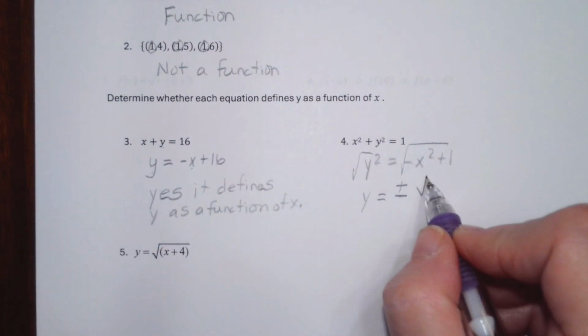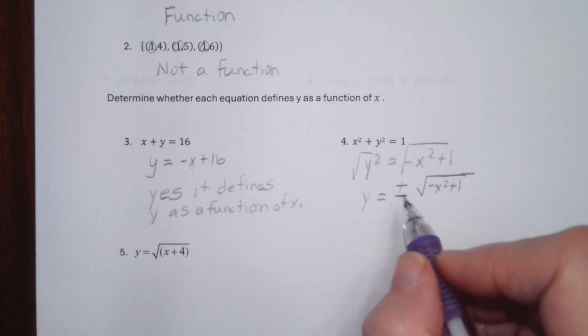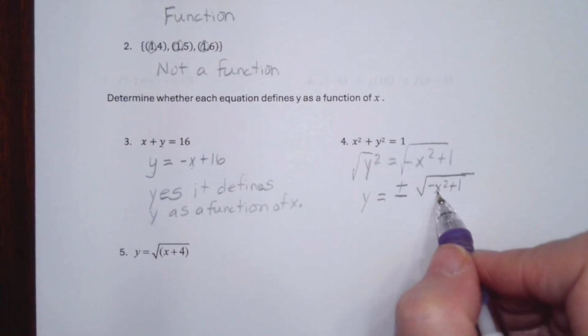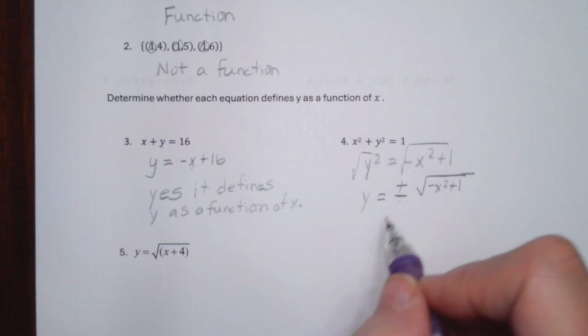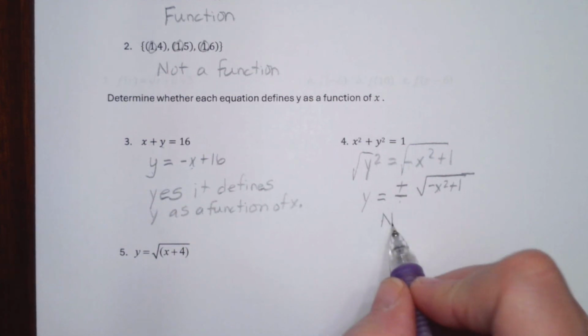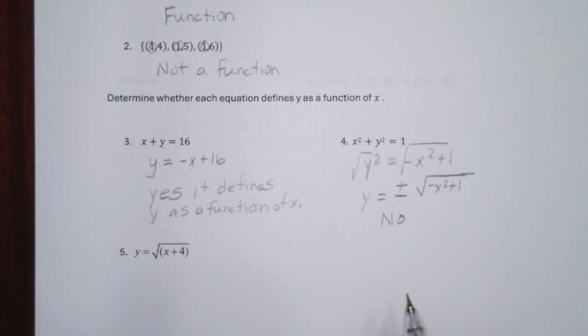What this is telling us is when we put our x in here, we're going to end up with two answers, a positive and a negative. So this one is a no. This is not a function. This does not define y as a function of x.